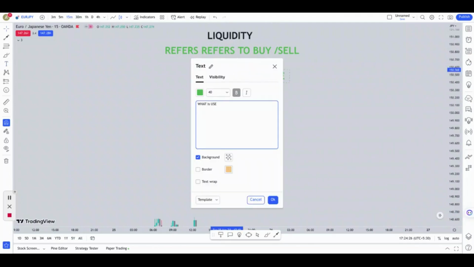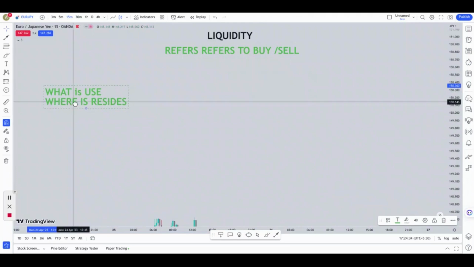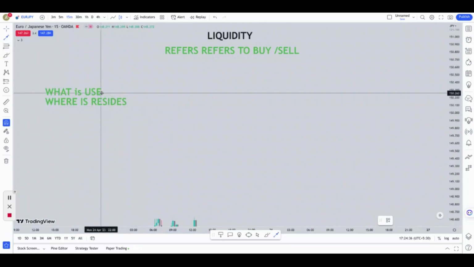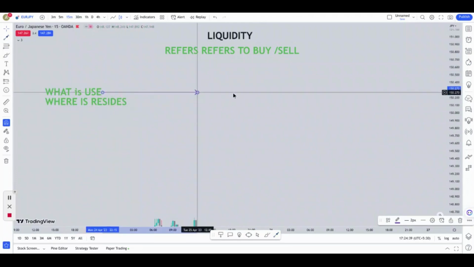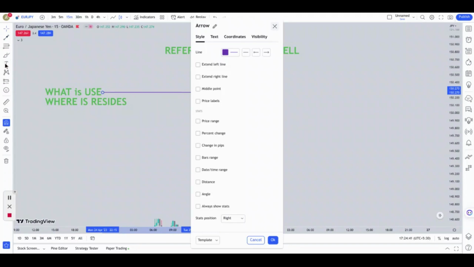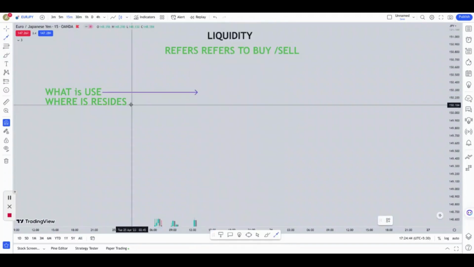The use of liquidity, and where it resides. I am just answering one by one all the questions of the intermediates or the beginners, even if they are watching. So what is the use of liquidity?